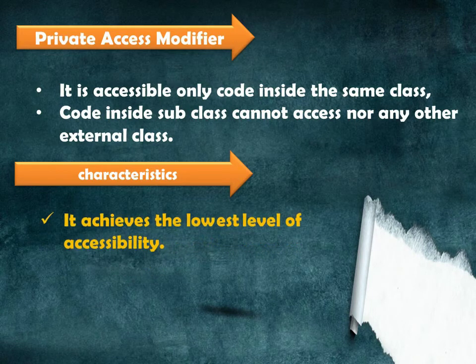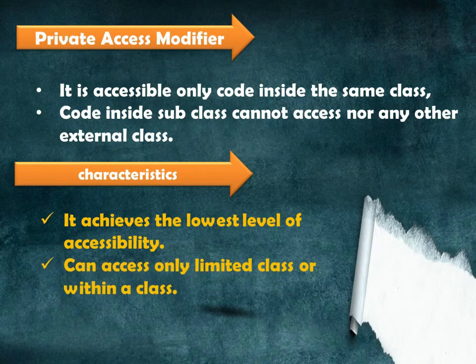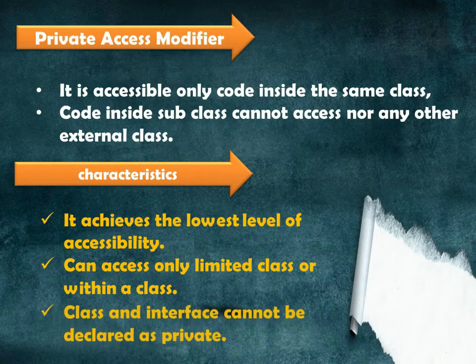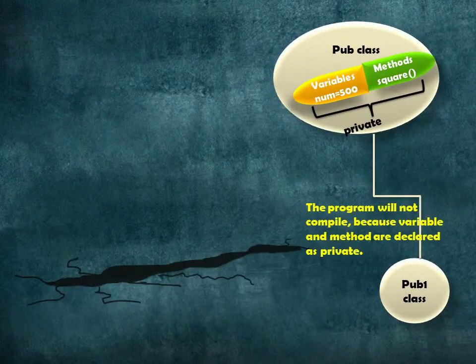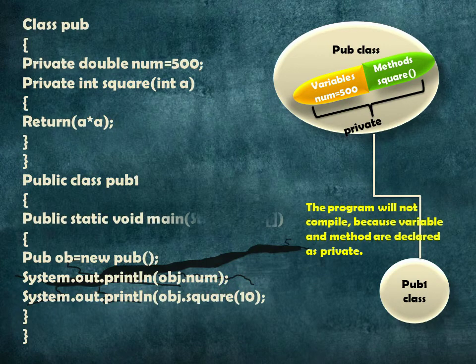Code inside the subclass cannot access the variable or method, nor can code from any external class. We'll see the characteristics. It achieves the lowest level of accessibility and can be accessed only by limited classes, and the classes cannot be declared as public.